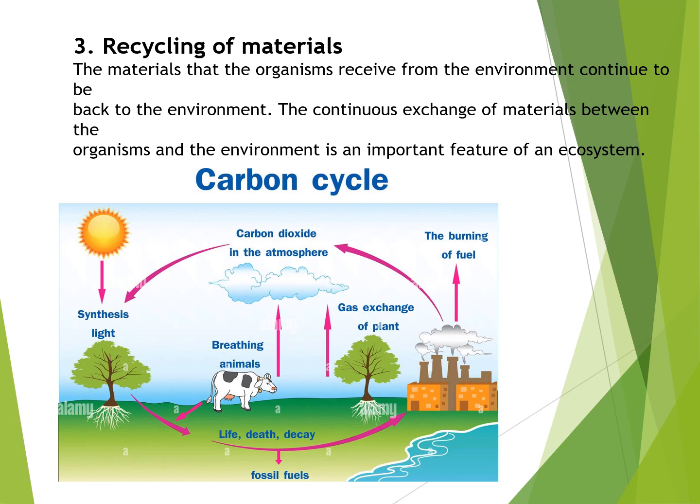The materials that the organisms receive from the environment continue to go back to the environment. The continuous exchange of materials between the organisms and the environment is an important feature of an ecosystem. So the materials won't be destroyed. What will happen? They are recycled.